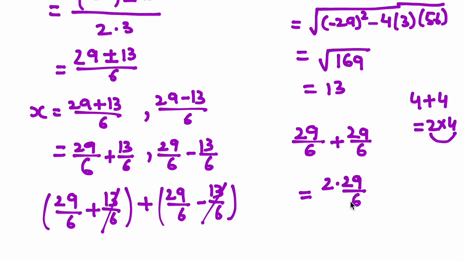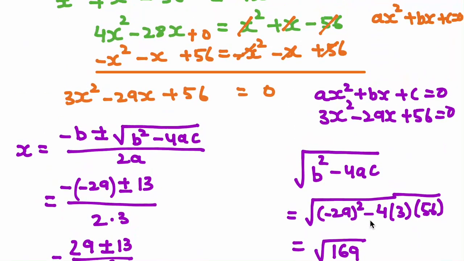You can also solve it by adding the fractions, but I have shown you another way, which is easier to calculate. So 2 threes are 6, and 29 by 3 is the sum of the two values.